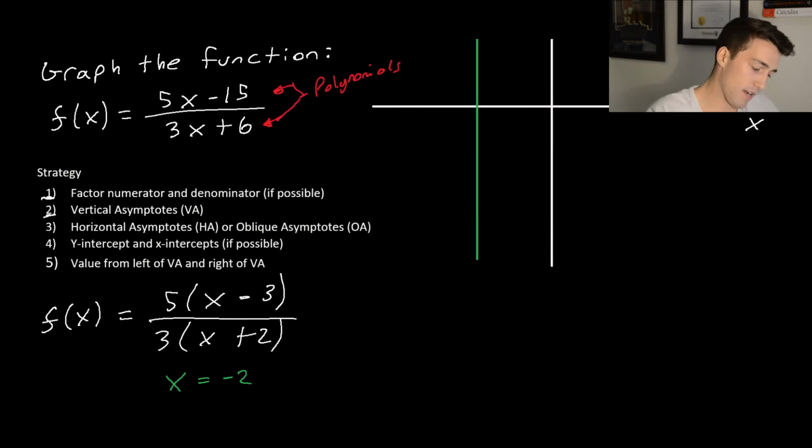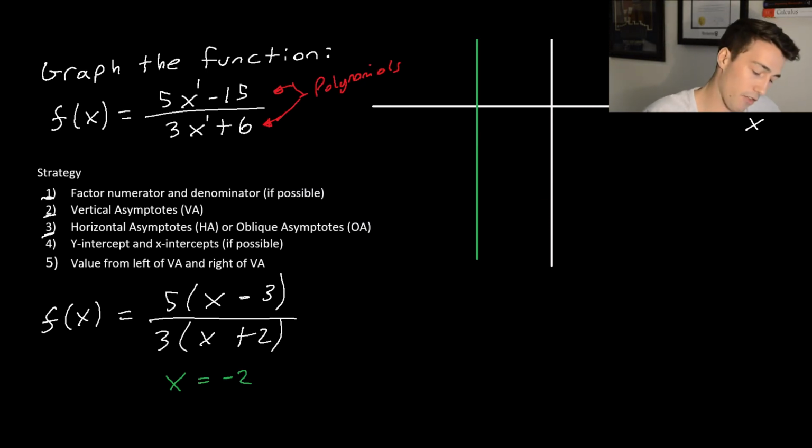Okay. Now we can go to step number 3, where we're finding the horizontal asymptote or the oblique asymptote. So for a horizontal asymptote, we look for the leading coefficient of the highest degree term in the numerator and the denominator. So here, both the numerator and the denominator are x to the power of 1. And then we're going to look at the leading coefficients of both of those.